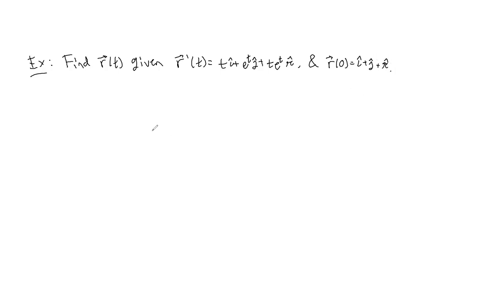So how do you do that? Well, this invokes the fundamental theorem of calculus, and there are really two ways of doing this. So here's strategy 1. r of t is going to be the integral of r prime of t dt plus some constant vector. I don't know what that constant vector is yet. We'll figure it out.